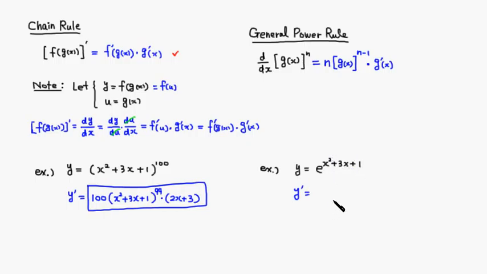The derivative of the outside function, e to the x, is the same thing, so you just copy exactly the same thing, e to the, leaving the inside function as it is, which ends up just copying the same function. Then multiply by the derivative of the inside function, which is 2x plus 3. That's the derivative using the chain rule and, of course, the exponential rule. That's it. I hope that this was clear.